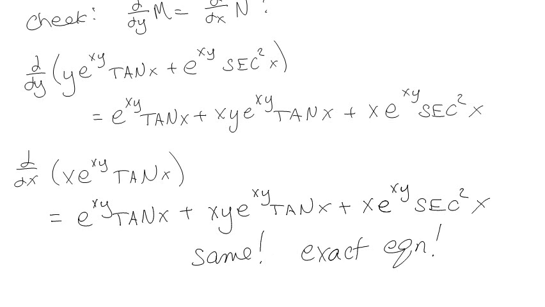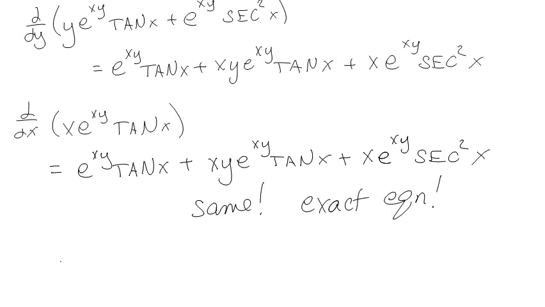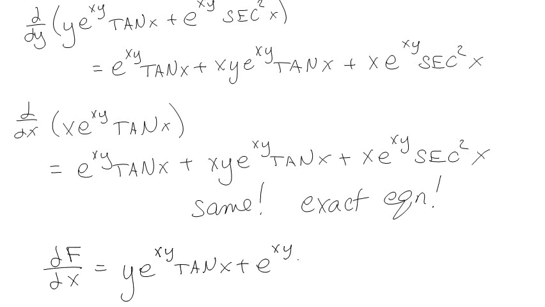So maybe you didn't get this far on your own, but maybe you did. If you just wanted to watch the video up to this point, now that you've done this, see if you can tackle the rest. Remember that you want to say, well, I know that partial f partial x is equal to y e^(xy) tangent x plus e^(xy) secant squared x.